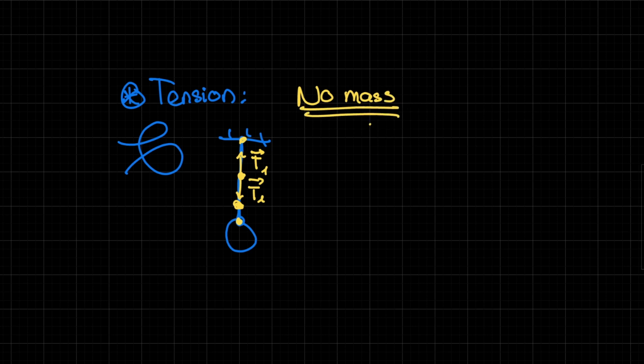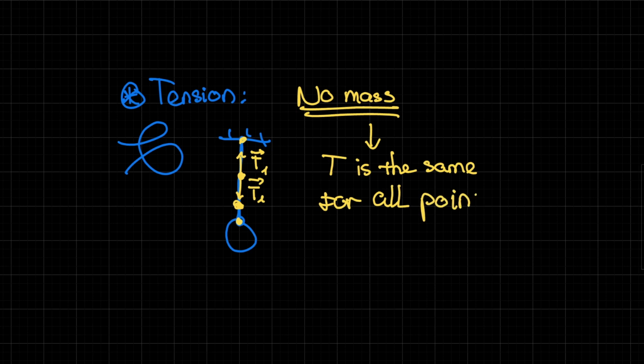And if they have no mass, then T is the same for all points on the rope.